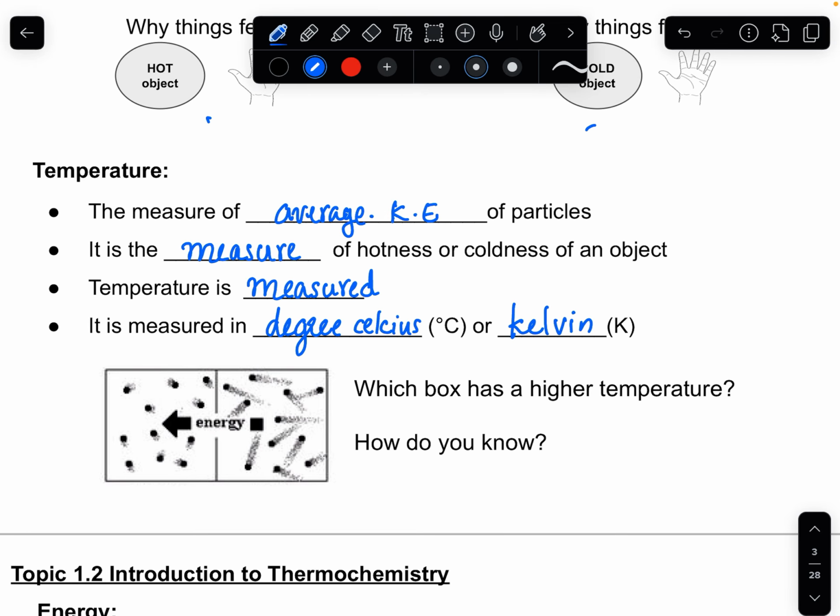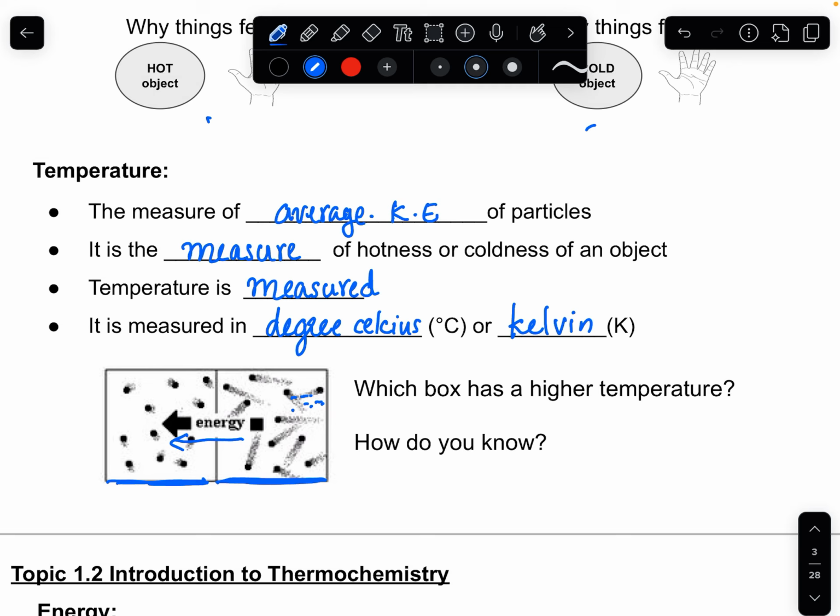Now remember the Canva video we watched, how the particles move when you increase the temperature. Here I have two boxes. Look at the movement of particles, and can you say which one will have higher temperature? Yes, this one. It's moving faster, you see the tail. Faster means higher kinetic energy, which means higher temperature, right? Also, a direction is given.